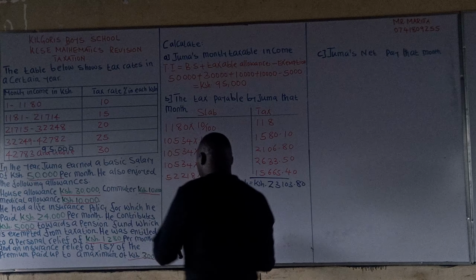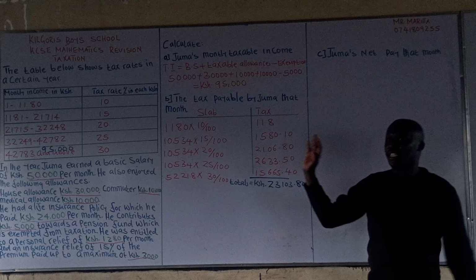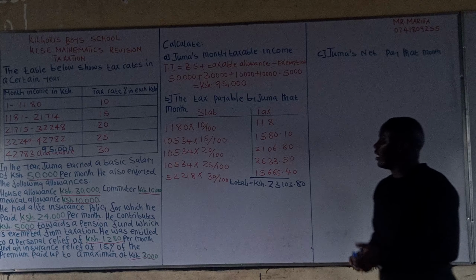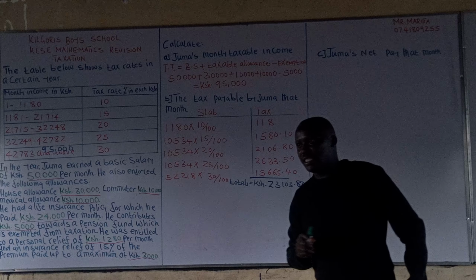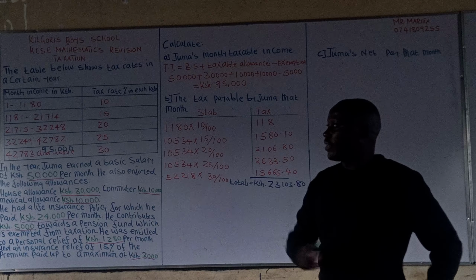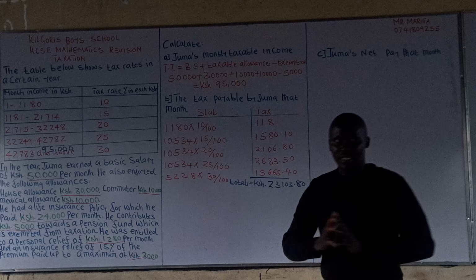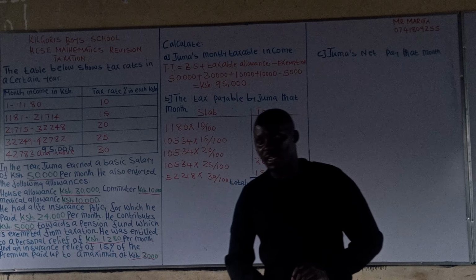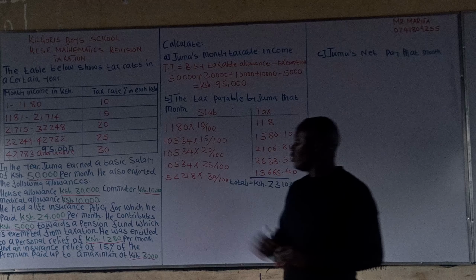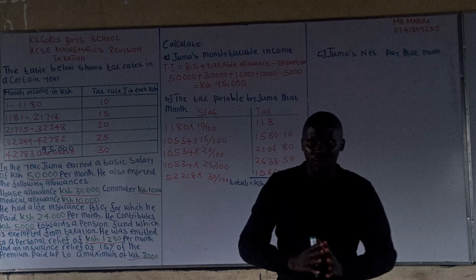So that is the total tax, but this is not the tax paid by the person. We need to have the net tax. The net tax is found using the total tax, then you subtract the relief. If you read our question, you get that there are two types of relief.